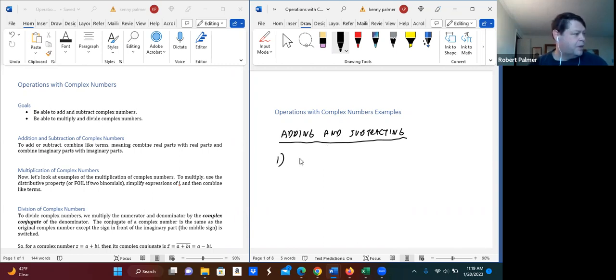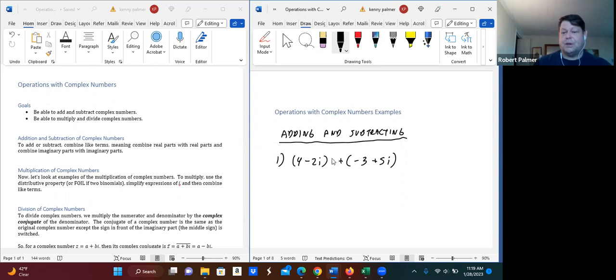So let's say we have 4 minus 2i, and we're going to add to that negative 3 plus 5i. Okay. Now, first off, you may see it written this way or not. Here, the parentheses are just used as grouping. If you look, we're not doing anything with the parentheses.